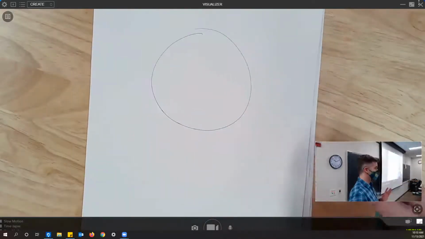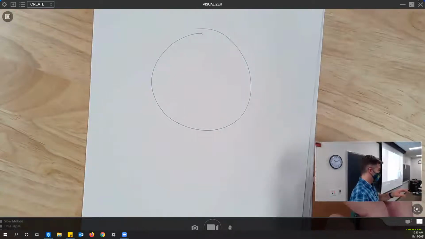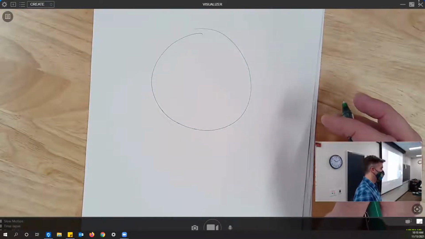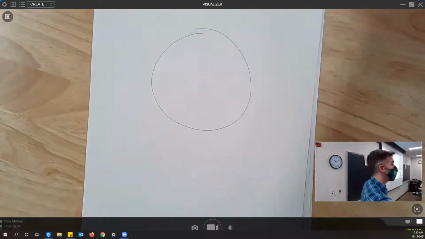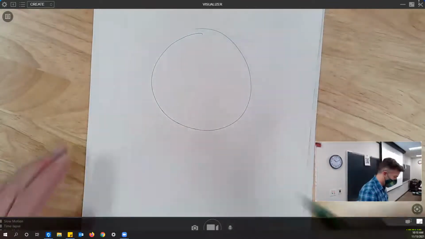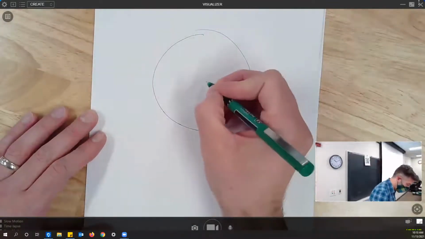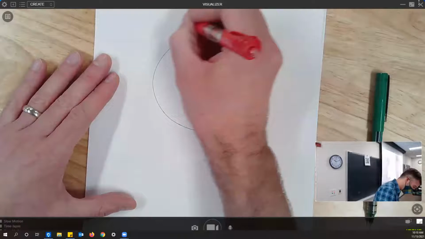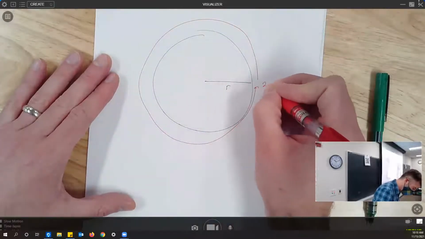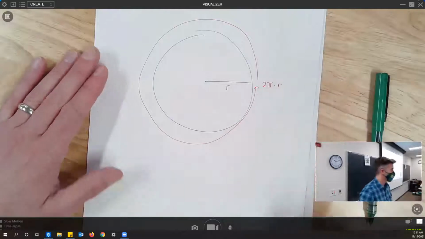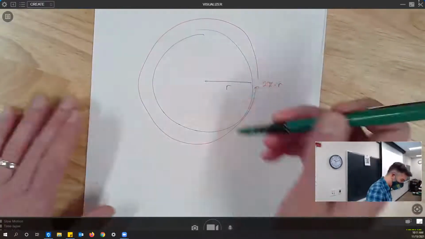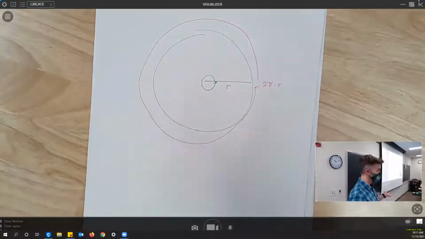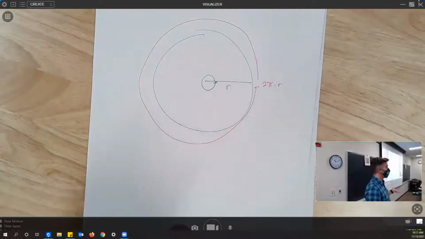Let me say a different thing. What's the circumference of a circle? 2 pi times what? The radius. So all the way around the circle, the length is 2 pi times the radius. And so the angle all the way around the circle, although we know it's 360 degrees, we could also say it's how many radians?